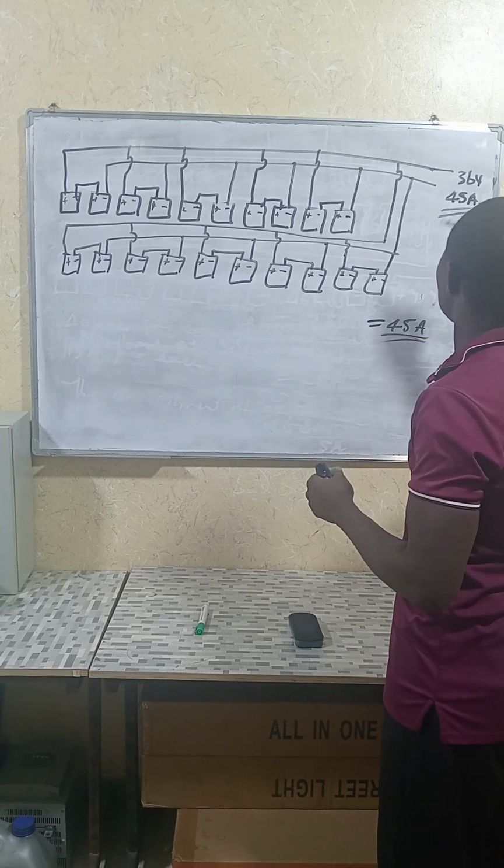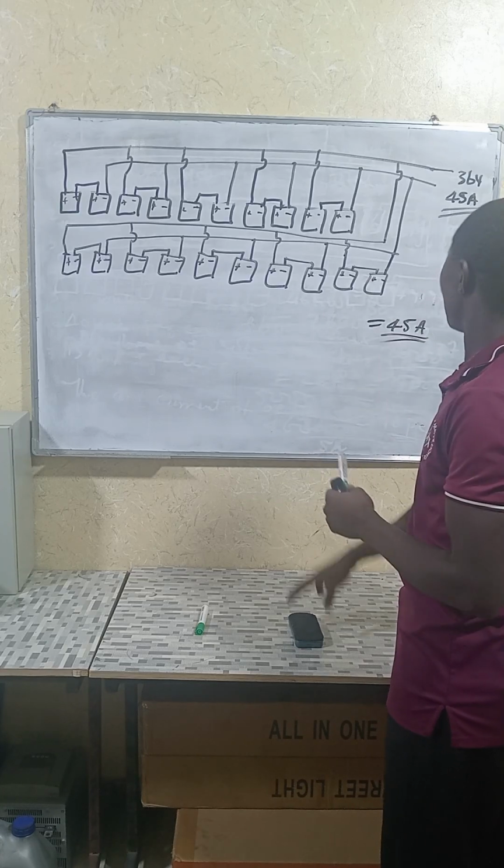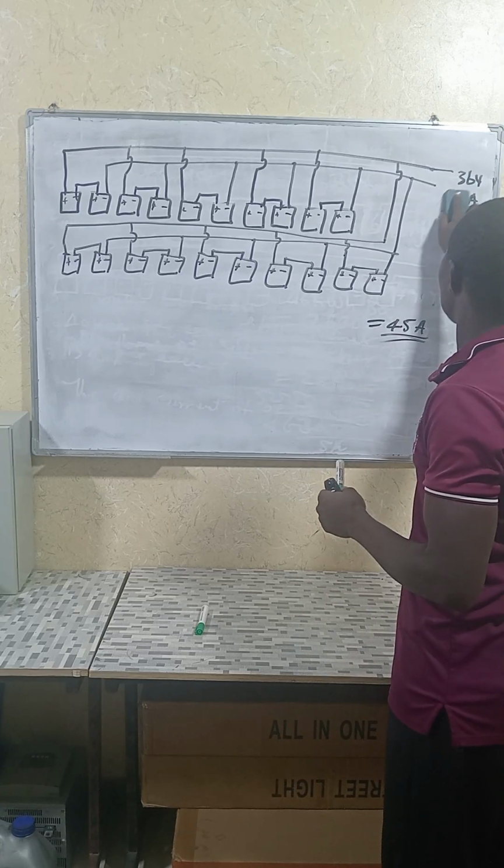So as you connect it in parallel, the amps will increase to 90 amps.